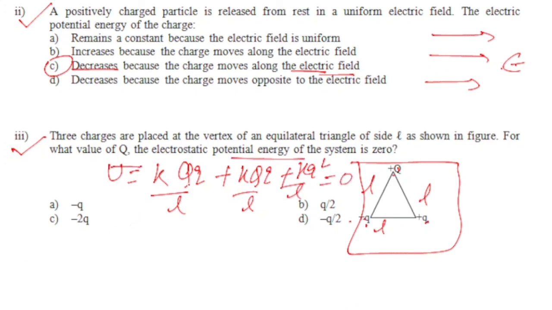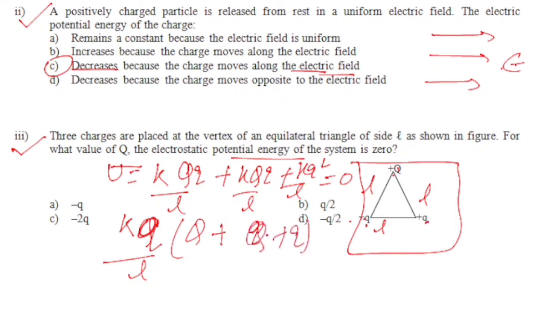So after solving this one, you take K, q, small q in all three common. So K small q by L, first term is Q, second one is again Q and third one is small q. This is equal to 0. It means this term is equal to 0.